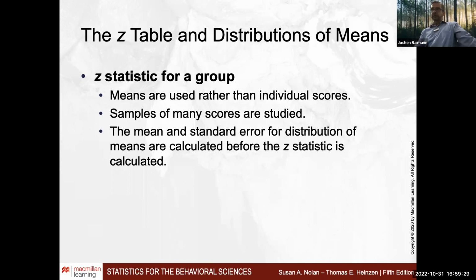We're comparing based on this distribution of the sample means, and investigating the probability of the mean of your sample being significantly different from the population mean, thereby rejecting the null hypothesis that your sample mean and your population mean are identical. That is the null hypothesis.